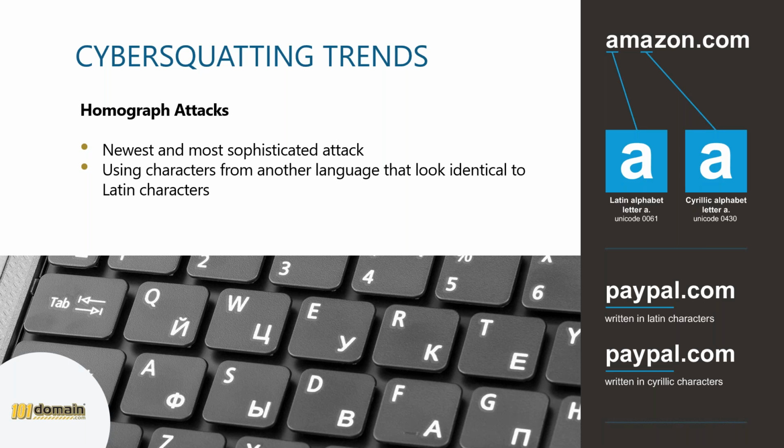So homograph attacks are pretty new now, and I have had quite a few of my clients ask me for a report of the possible homograph attacks that are available for their brand, and we can make you that report free of charge if you are interested. And it's pretty amazing. The last one I did had probably about 300 different permutations for that particular term. So there are quite a few.